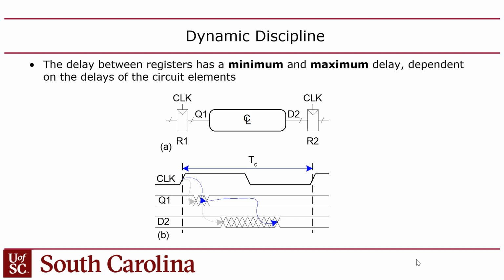And when you increase the voltage, the propagation delay will go down, right? So what ends up happening with the modern CPU is that the clock speed's constantly changing, but when the clock speed goes up, the voltage goes up, right? So that way, if you scale those two together properly, you can still maintain this discipline. You guys with me?